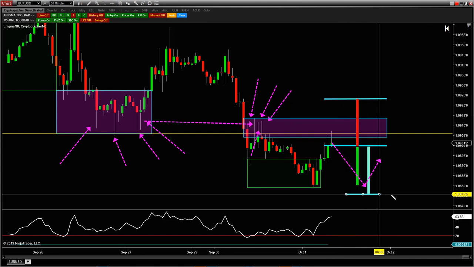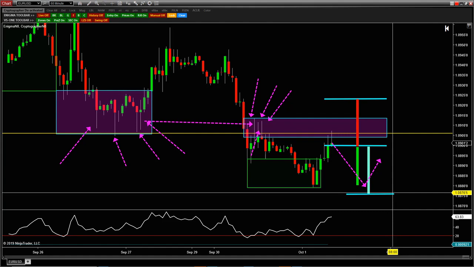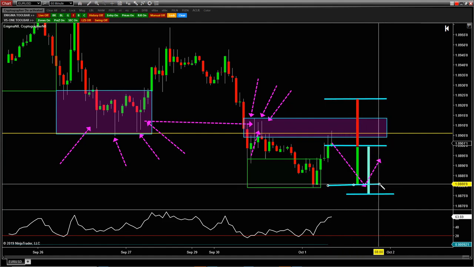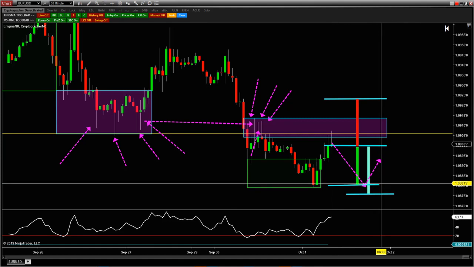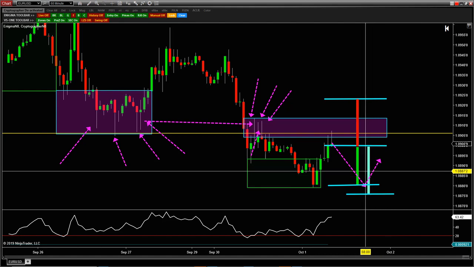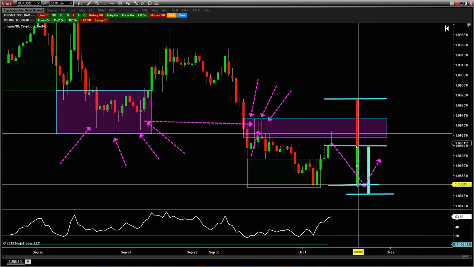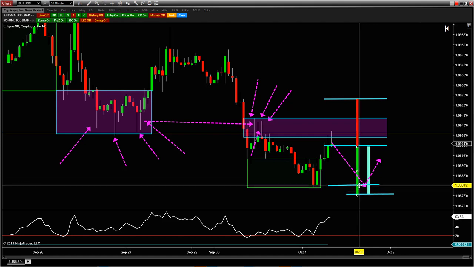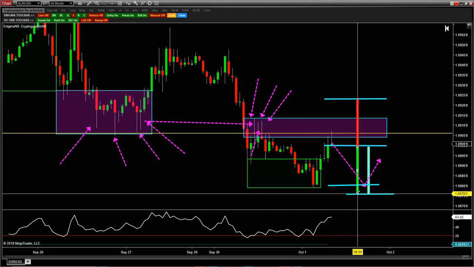What do you think would be a safer place for your target to be at? Maybe a little bit higher at structure? Yeah. So it's important that you don't force the trade to work, that you don't just say, I like this trade to kill, but it's not 1-to-1, so I'm just going to stretch my target out a little bit and have it right here. Because that could be the difference between you predicting a place that price is likely to go versus you just picking a random location.